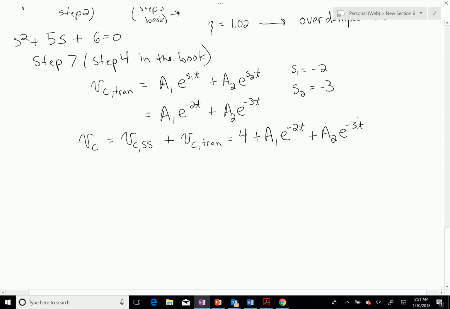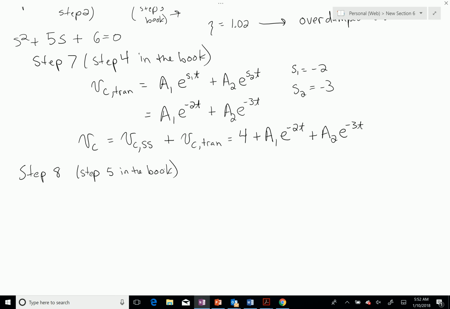Okay. So now what I need to do is move into step 5 in the book, which is basically to determine those 2 unknowns, A1 and A2. I determine those using the stuff that we figured out earlier.